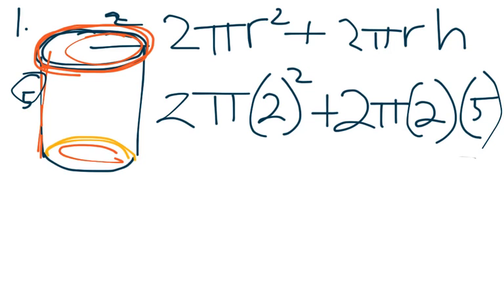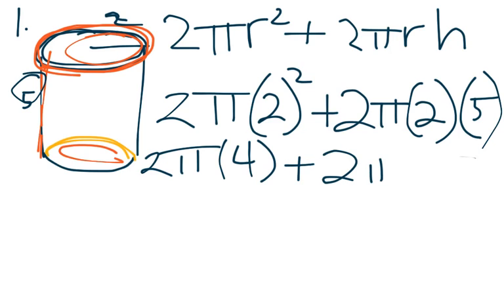So let's simplify. 2 pi times 2 squared is 4, plus 2 pi times 2 times 5, which is 10. Now we want to multiply this 2 by this 4, so that is 8.